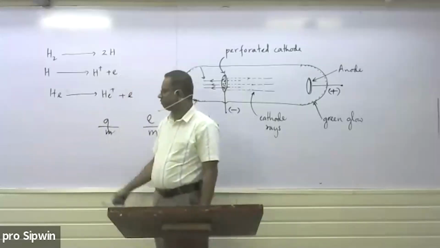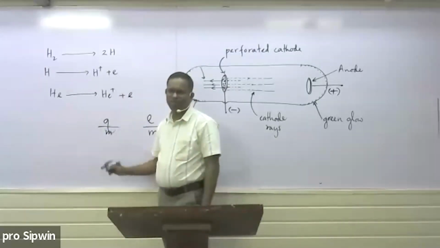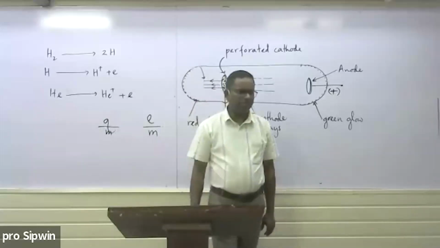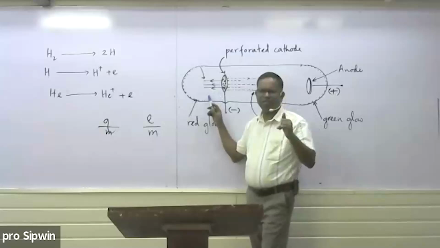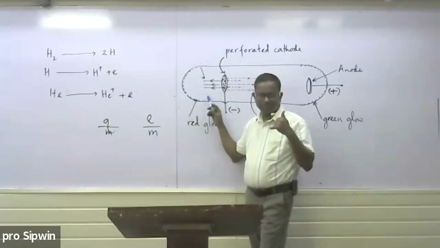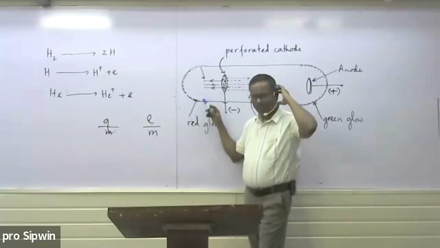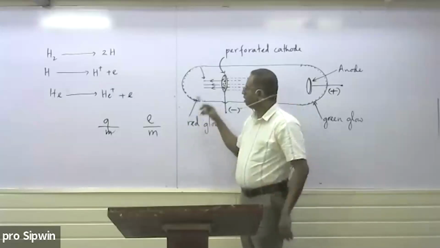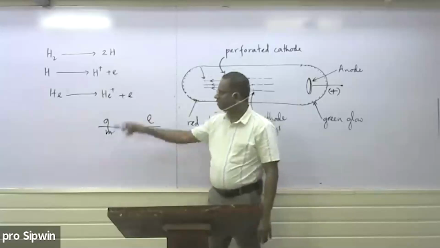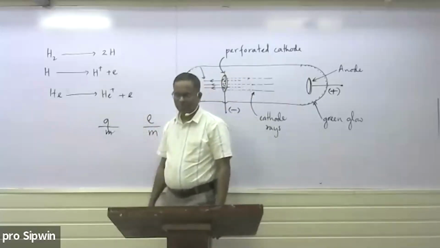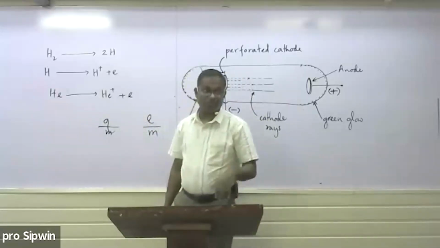They determined the Q divided by M value under different conditions. When the gas is hydrogen, they determined the Q divided by M value. With that, they were able to take the mass of an H plus particle, the mass of a helium plus particle, and determine them like that.